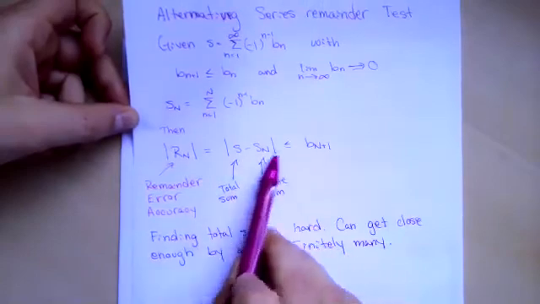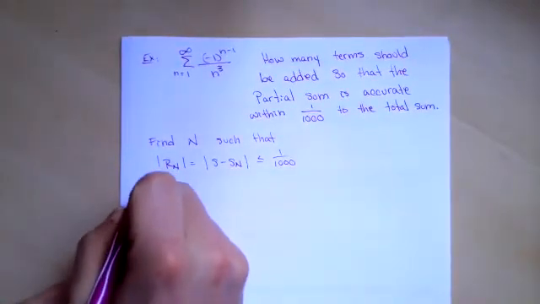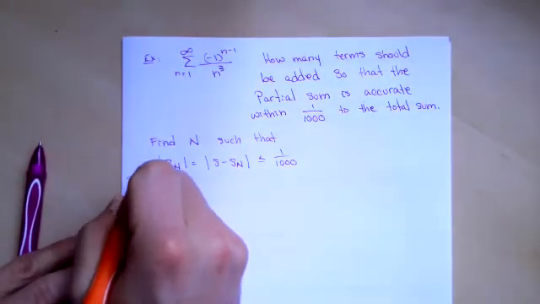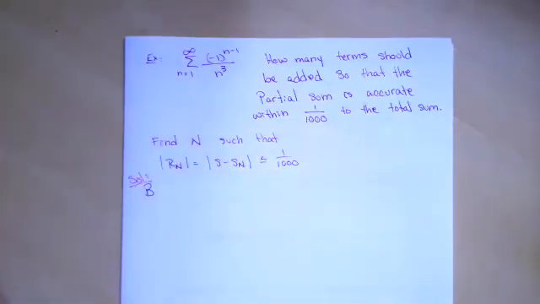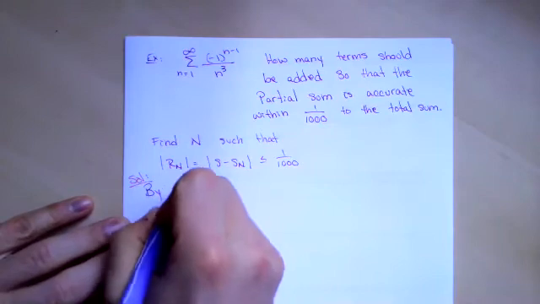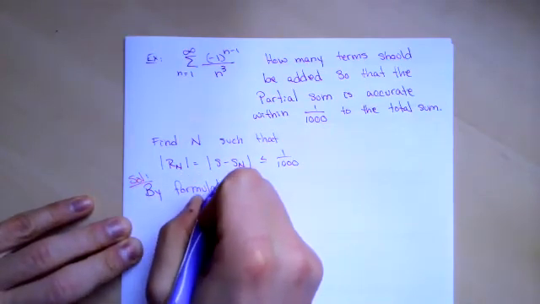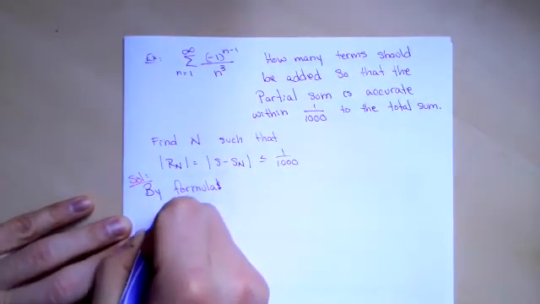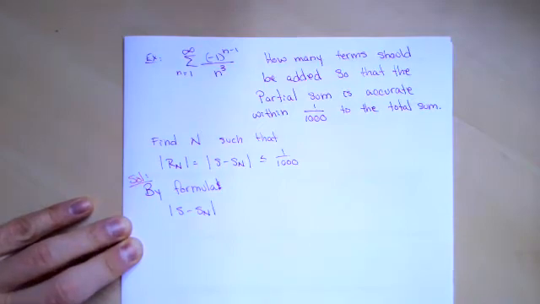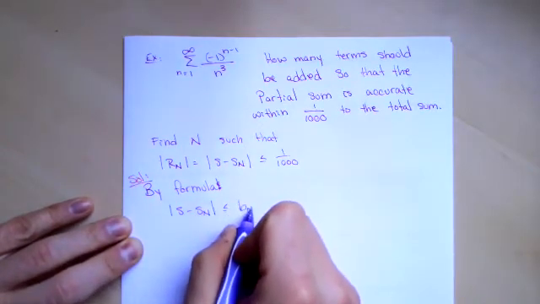And so by the formula, let's write out our solution. By our formula, the absolute value of S minus Sn is always less than or equal to B n plus 1.